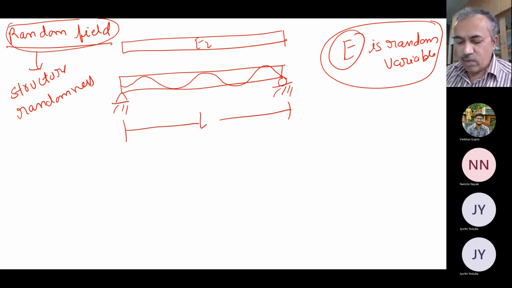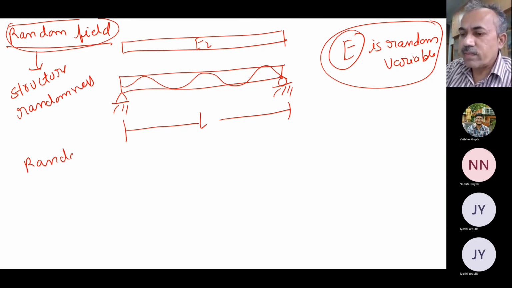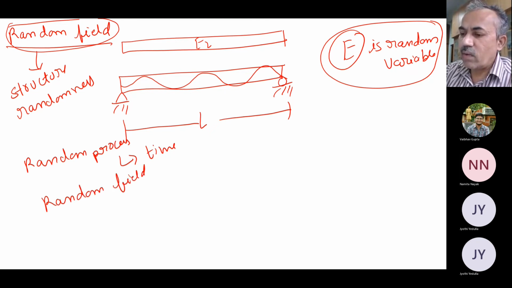If it is varying with respect to time, we call this a random process. When it is with respect to space, we call it a random field. Not only Young's modulus, even the load may be a random field.